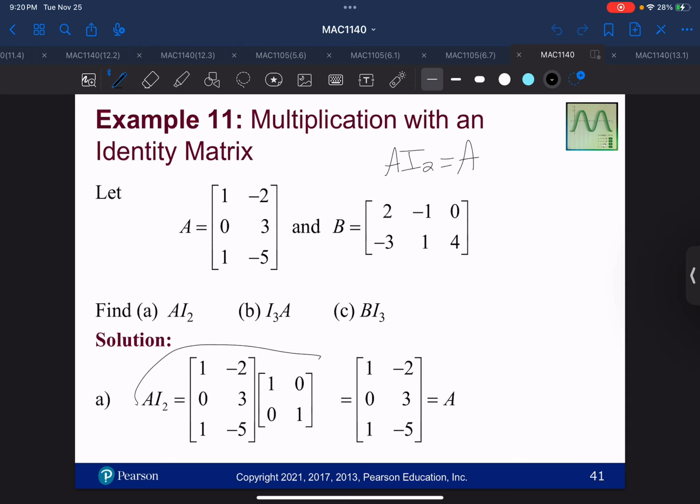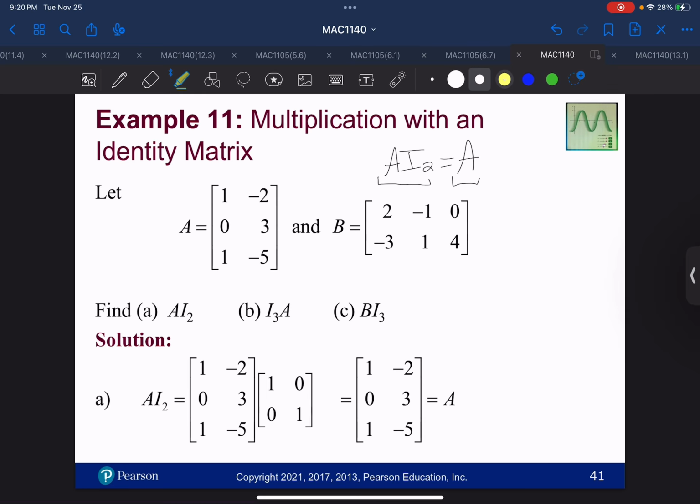Okay, so at the end of that last video, we were talking about the identity matrix. And so I said that if you multiply a matrix A by the identity matrix, this is like multiplying a scalar by 1. So it'll give you back A. That's why it's called the identity matrix.